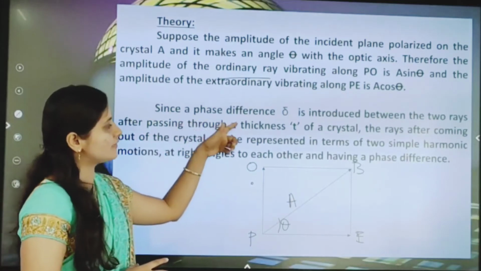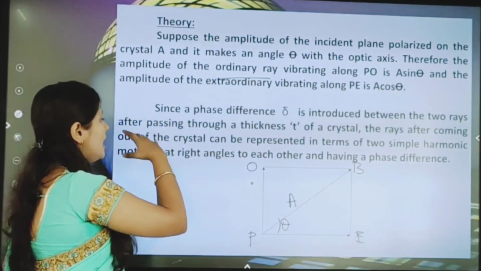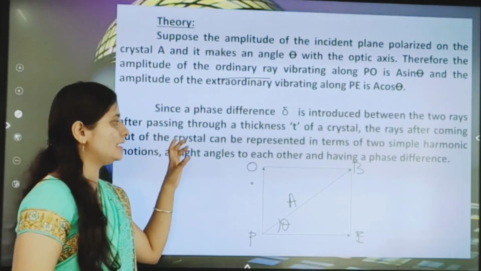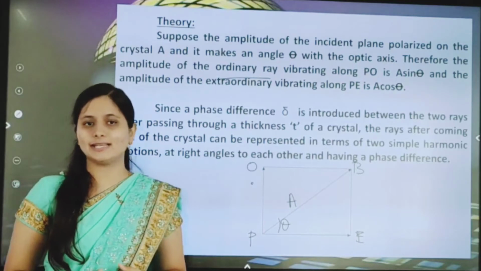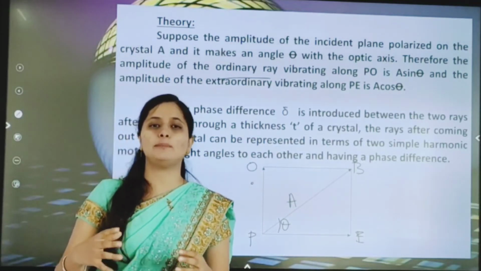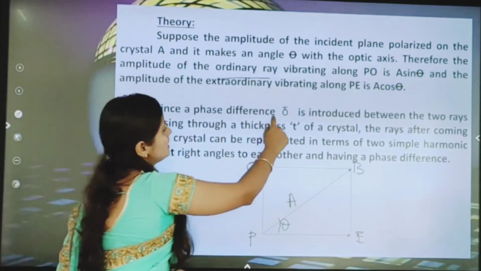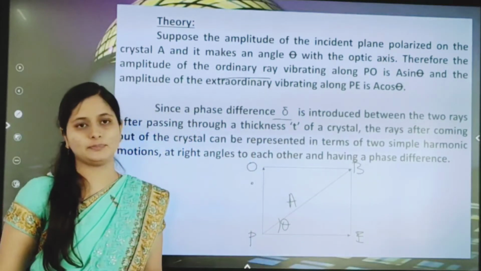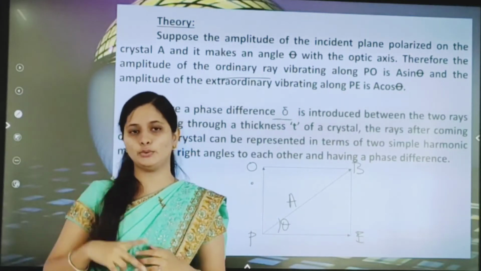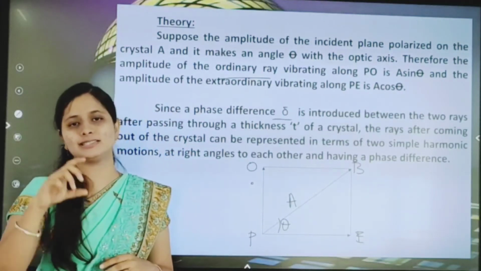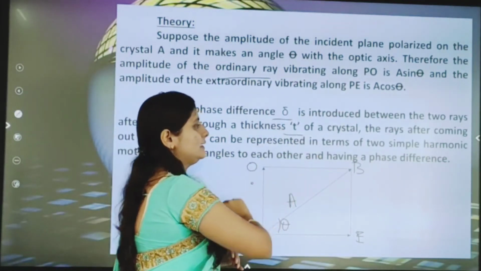A phase difference delta is introduced between the two rays after passing through a thickness t of the crystal. In the last video we already studied the retardation plate, where a phase difference is produced. That phase difference is delta, introduced between the two rays over a certain thickness, small t.